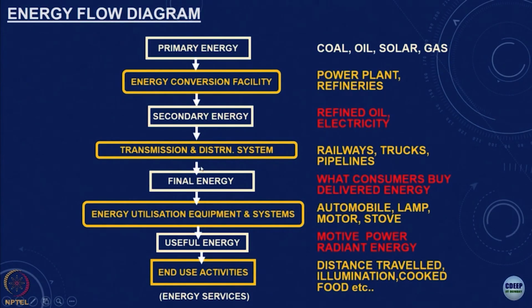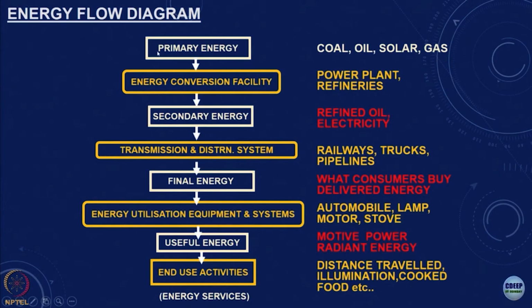For instance, if you are looking at electricity, there is a large transmission distribution network which is coming in. That electricity is a secondary energy source. There is a power plant, there are coal mines, and finally, from the energy service that we need and the useful energy that we use, we go backwards and we calculate the total primary energy, or the energy that is available in nature. So we have already discussed this, but I'm just repeating.